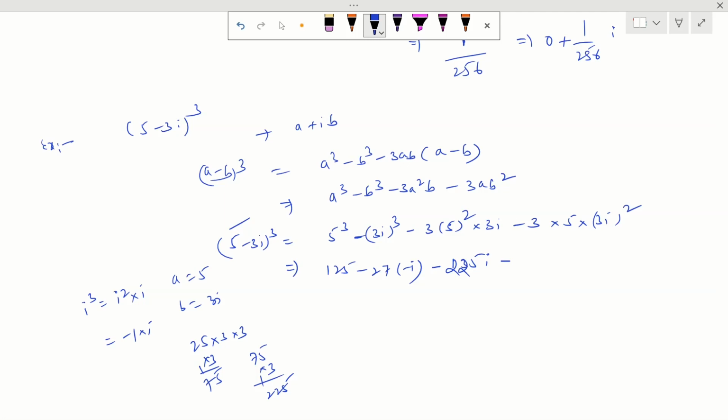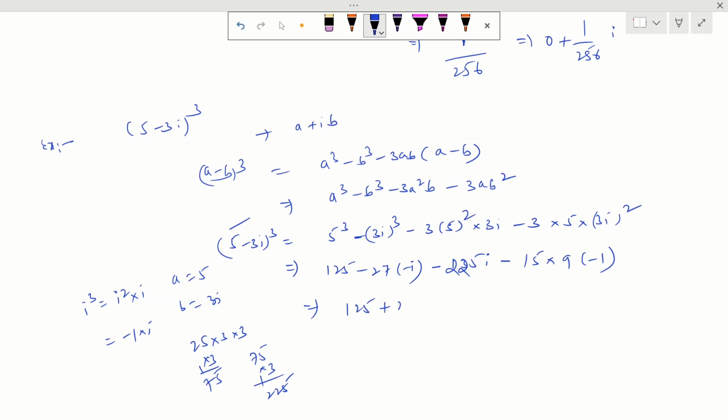And what about this? It will be 3 into 5 is 15. So 15 into 9, and i square is minus 1 here. So it is minus 1. Then we'll be having 125.